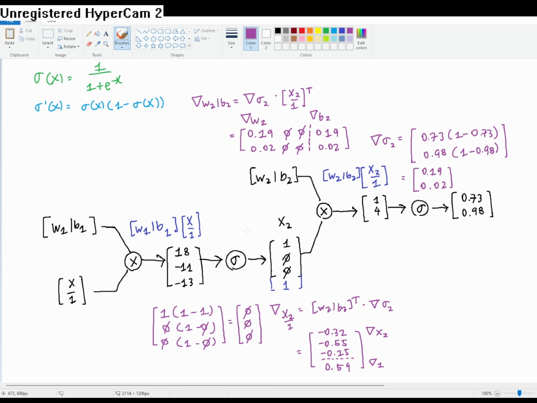Now, I will rewrite these equations here just to make it clear what's going on. Bias 1 equals, and we're going to name this the sigmoid 1 gradient. Look at that. It's the sigmoid 1 gradient multiplied by x concatenated with 1 transpose.